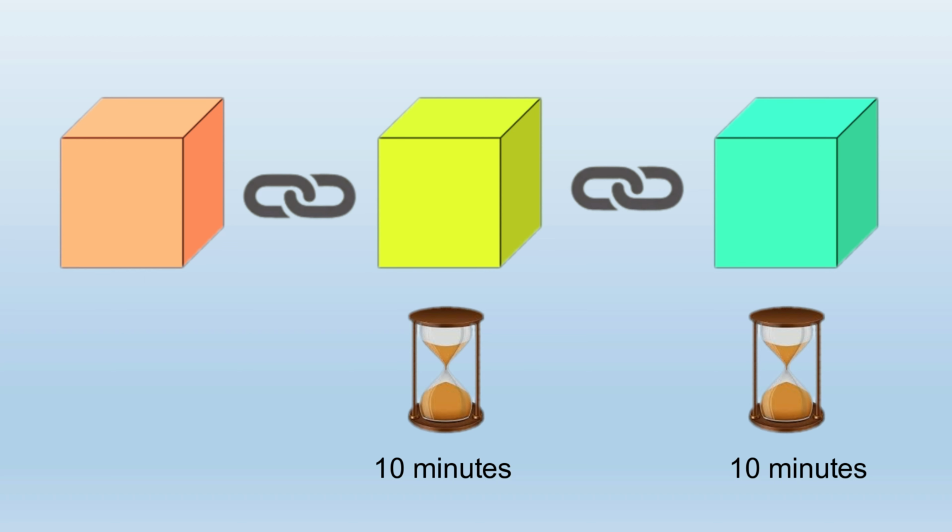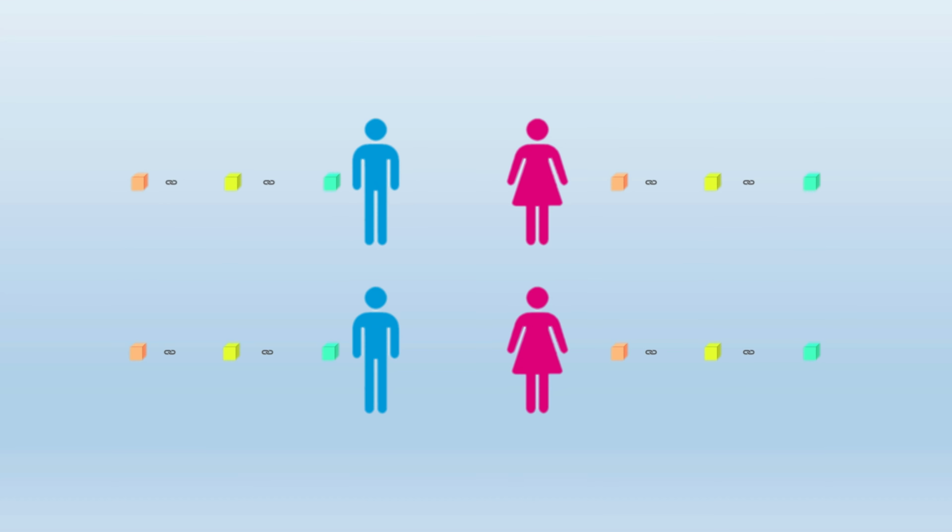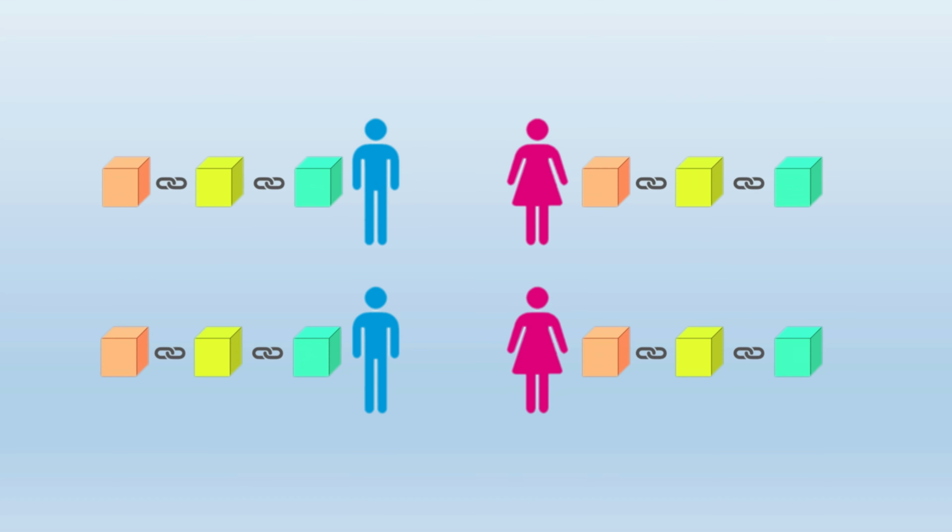But there is one more way that blockchains secure themselves, and that's by being distributed. Instead of using a central entity to manage the chain, blockchains use a peer to peer network and anyone is allowed to join. When someone joins this network, he gets the full copy of the blockchain. The node can use this to verify that everything is still in order.